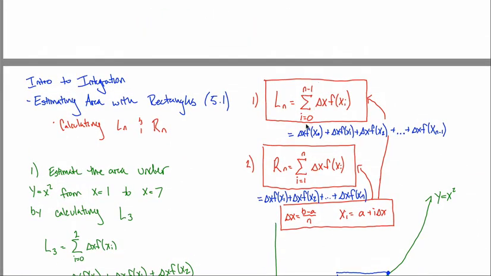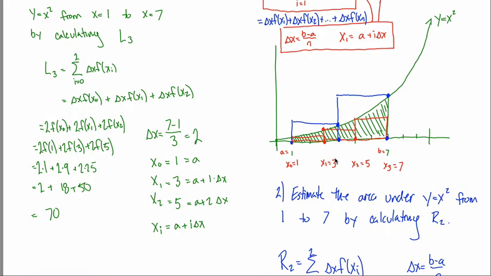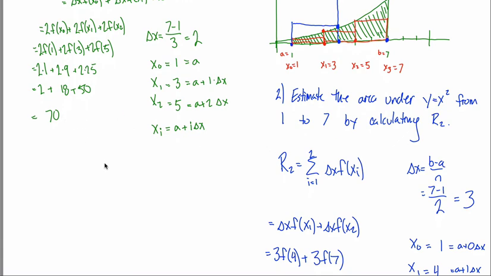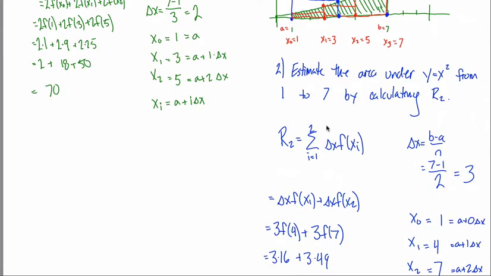You have to be able to deal with this sigma notation and understand delta x and these xi ideas. I think the easiest way to understand them is by tying them back to these pictures. And to test if you understand them, we'll see if you can come up with these numbers, like the number 70 and the number 195. But really, the purpose of learning all this is not to come up with the numbers, it's to be able to later manipulate these expressions.